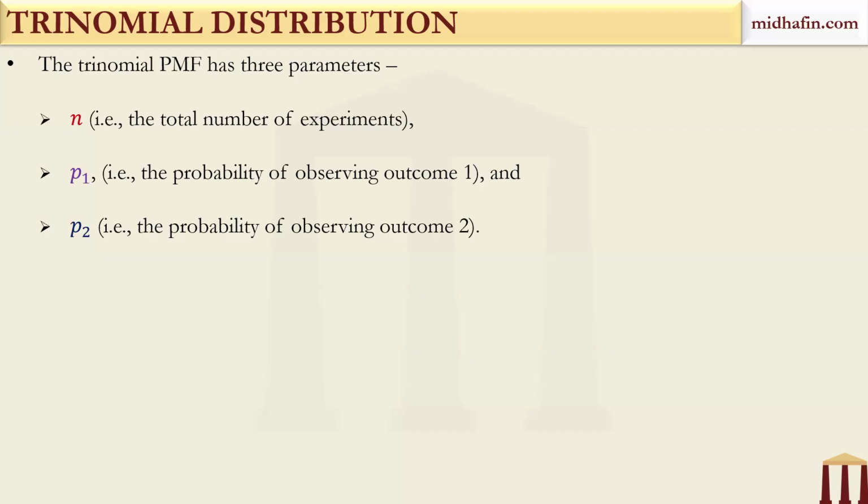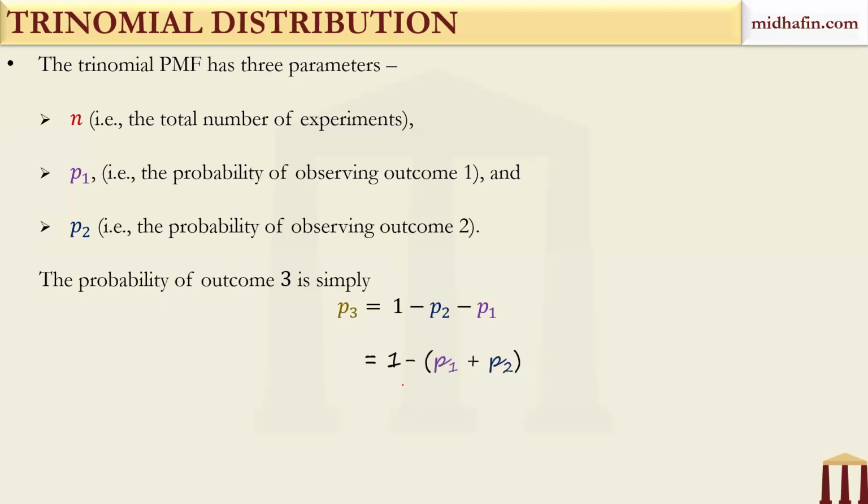If I want to find the probability of outcome 3, it will be 1 minus P1 minus P2, or you can also write 1 minus P1 plus P2 inside the brackets. So it is implied. We do not need it, but for the sake of convenience, we'll just write it.